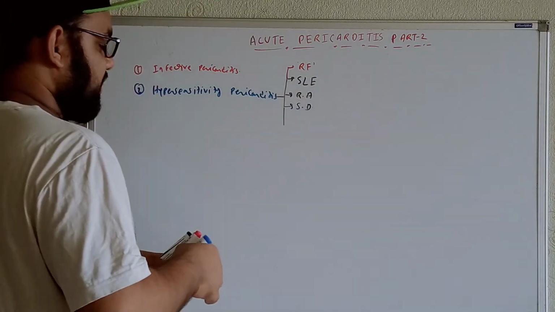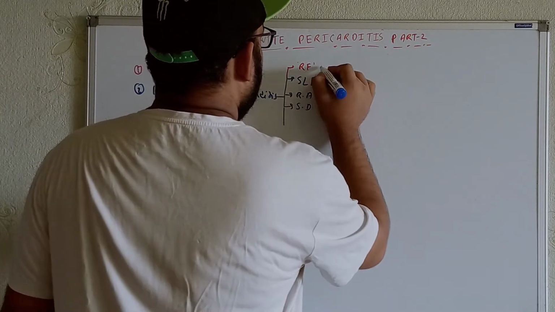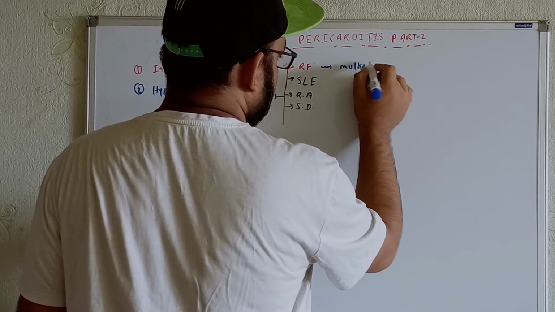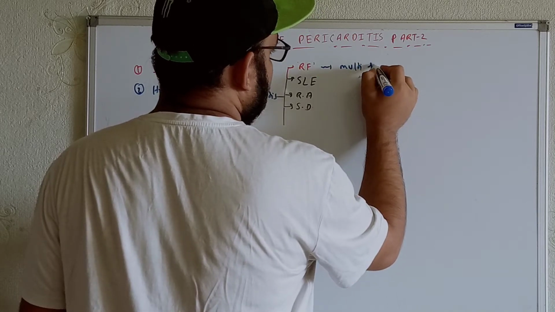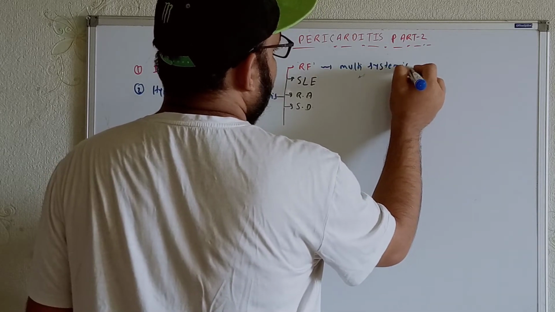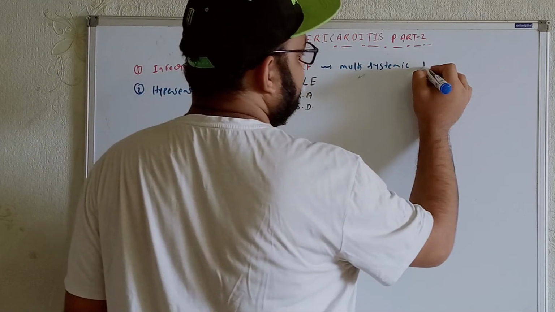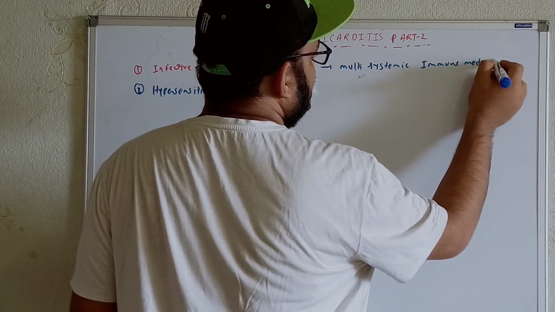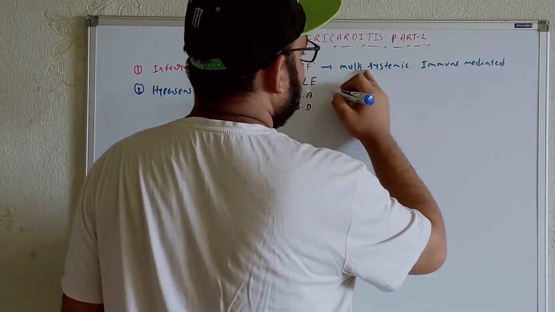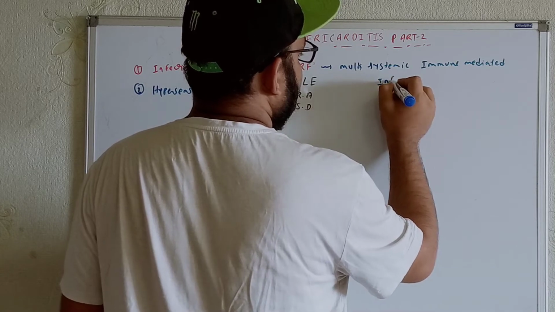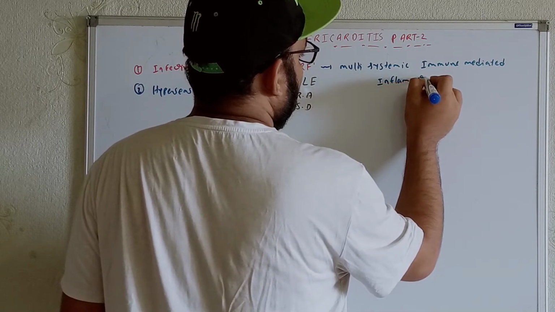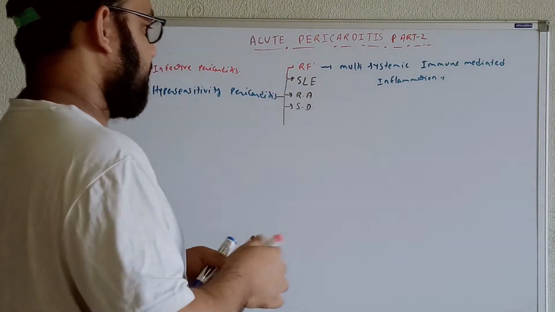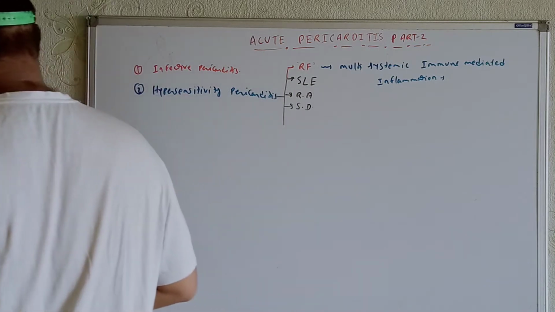If you write it over here, that's the main thing in terms of rheumatic fever: multi-systemic immune-mediated inflammation. And I hope all of you know the main agent for it, that's post-streptococcal.